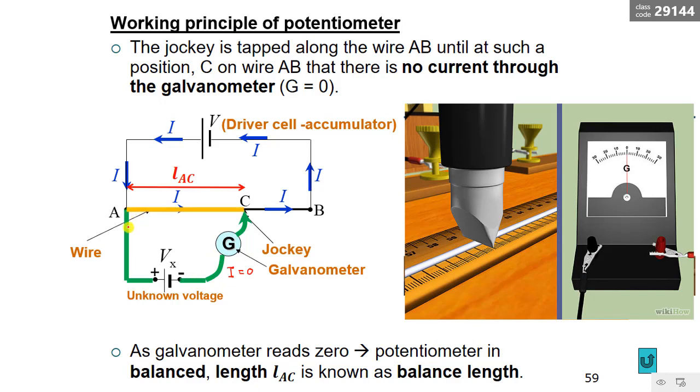How do you know there is no current going down through the unknown voltage? Sebab galvanometer yang detect current tu baca kosong.